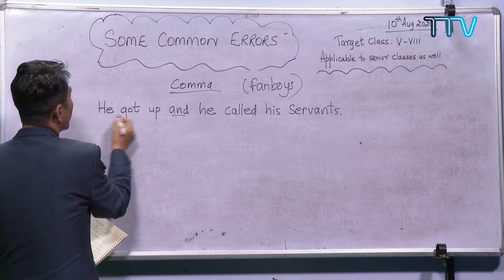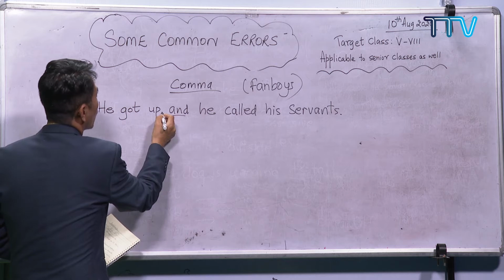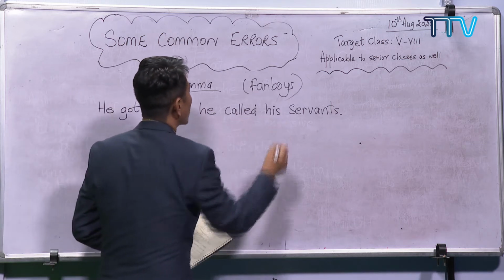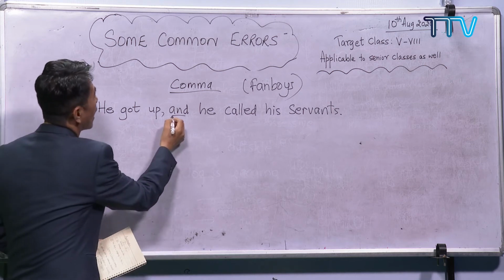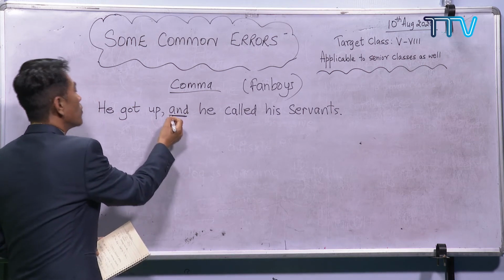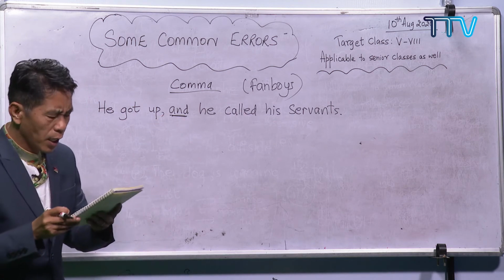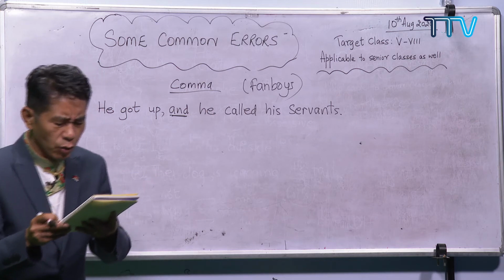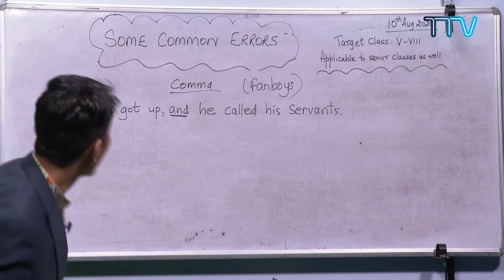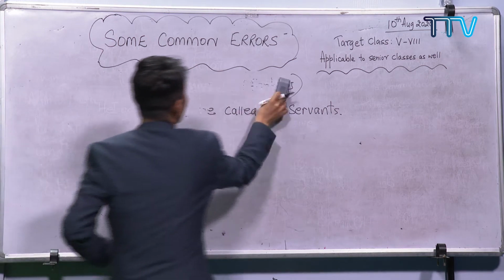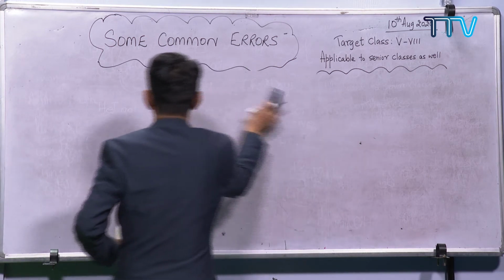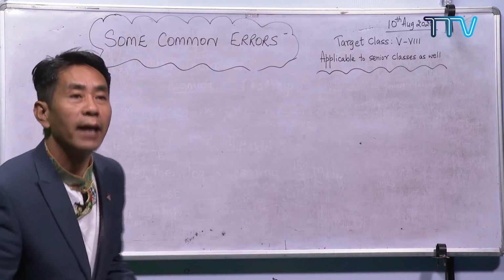For example, he got up, comma, and he called his servants. Whenever we have these FANBOYS conjunctions, before that we have to use the comma. So that is the thing that you have to keep in mind. Regarding commas, I'm sure you all can relate to this, because these are some of the common errors.